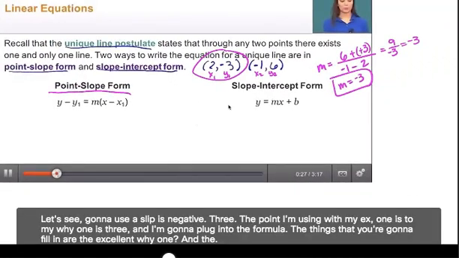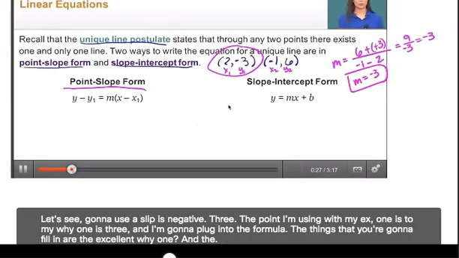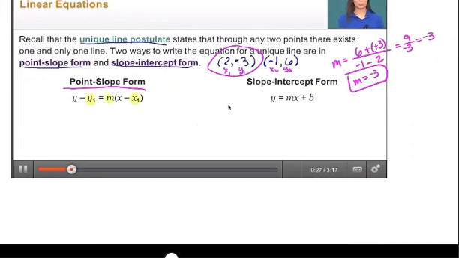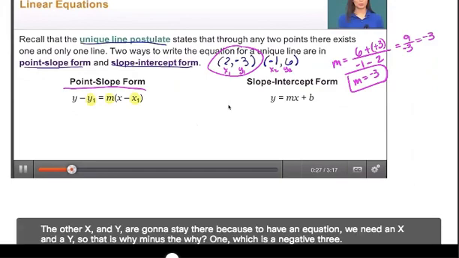I'm going to use the slope of negative 3. The point I'm using with my x1 is 2. My y1 is negative 3. And I'm going to plug into the formula. The things that you're going to fill in are the x1, the y1, and the m. The other x and y are going to stay there because to have an equation, we need an x and a y.